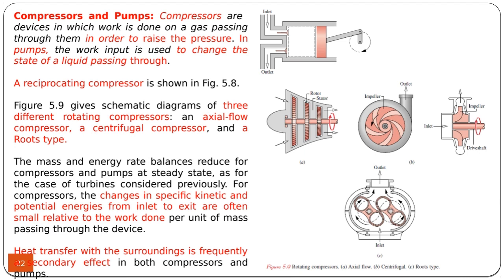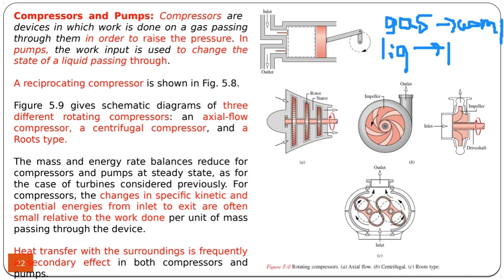If it's a gas, the device used is a compressor. So in the case of a gas, we use the device compressor. If it's liquid, we use a device called a pump.